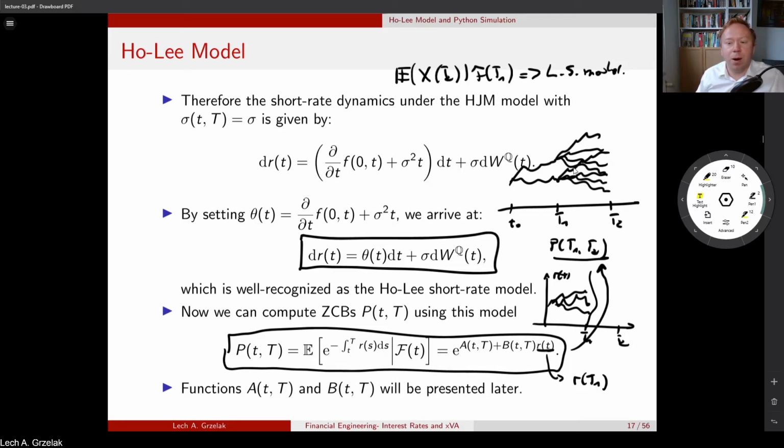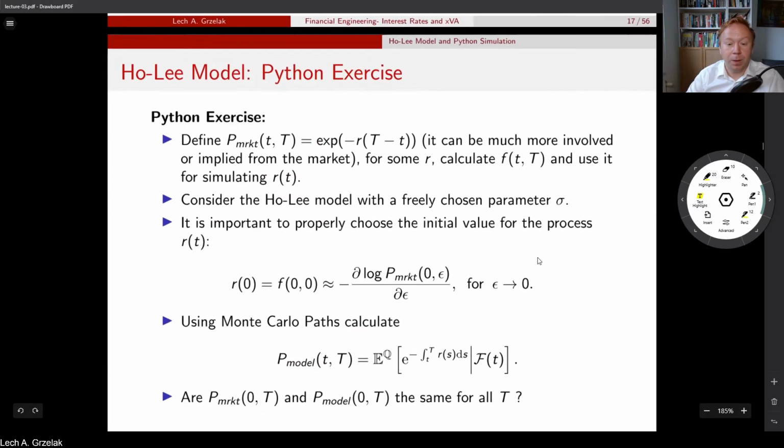Otherwise, for every path, we would need to do 10,000, let's say, simulations, which is extremely expensive, because that would need to be repeated for every sample from this distribution at time T1. So for every sample, you need to do nested Monte Carlo to get this integral, and then you can substitute to get this zero coupon bond. So this is crucial, and an extremely powerful tool.